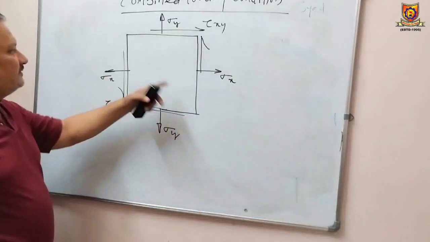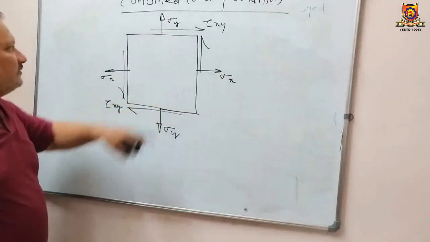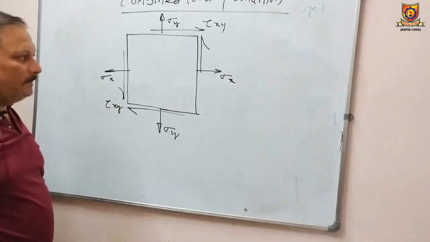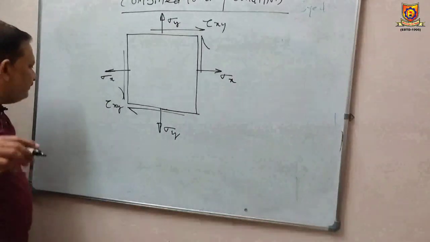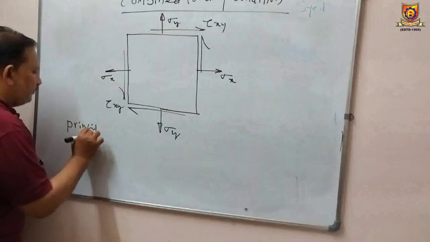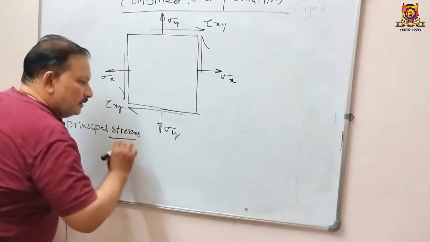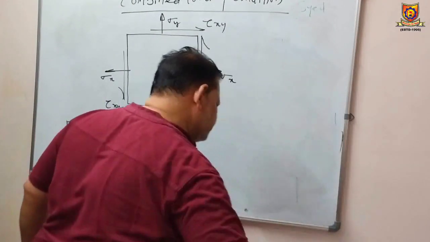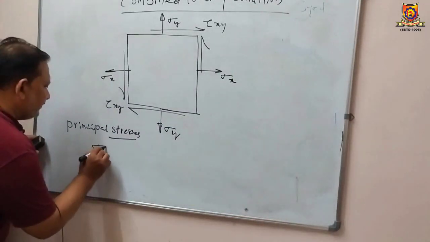Sigma x is the normal stress in the x direction, and sigma y is the normal stress in the y direction, and tau xy is the shear stress that is acting on the planes. Right? So in such a case, the principal stresses we can calculate in this way.